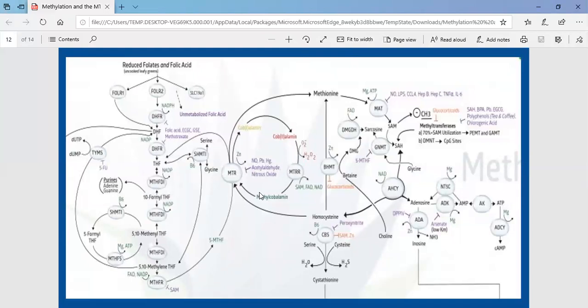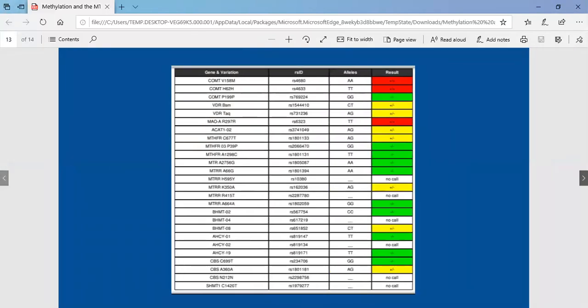As you see, there are all these other little arrows that show B6, NADP, SAM. NADP and FAD have to do with thyroxine, which has to do with thyroid. So all of that needs to be assessed along with the MTHFR to see how you're doing and how you can improve your health.